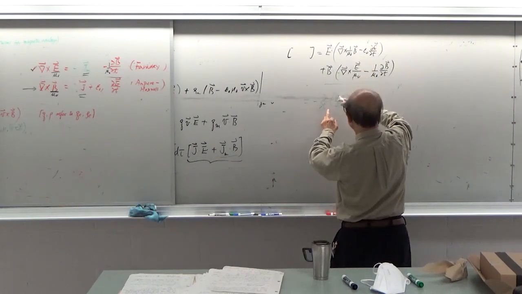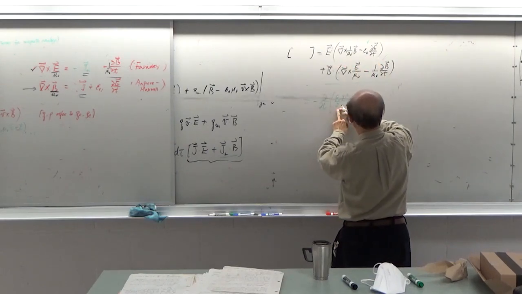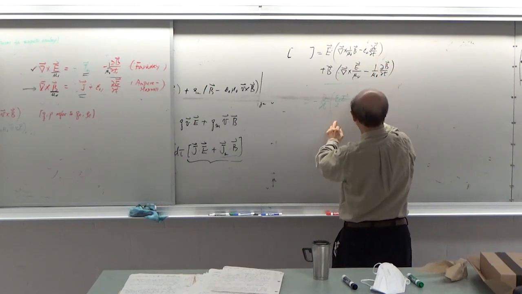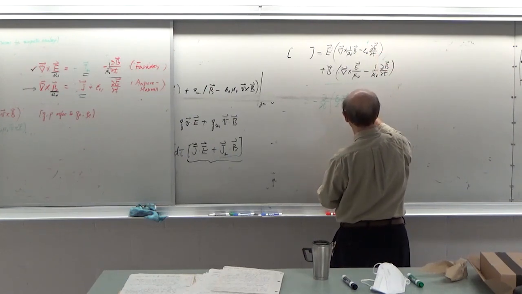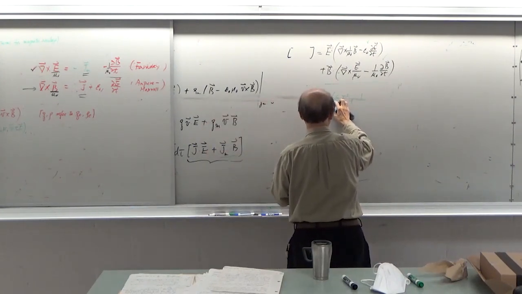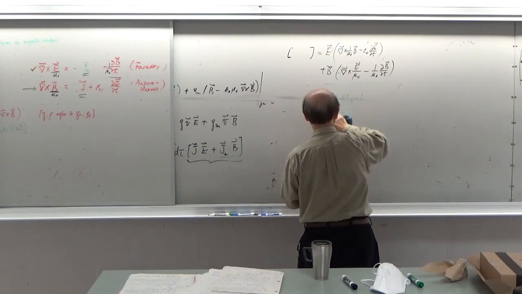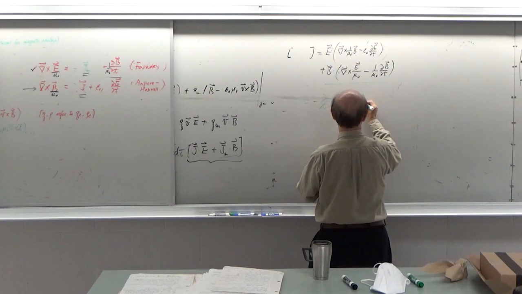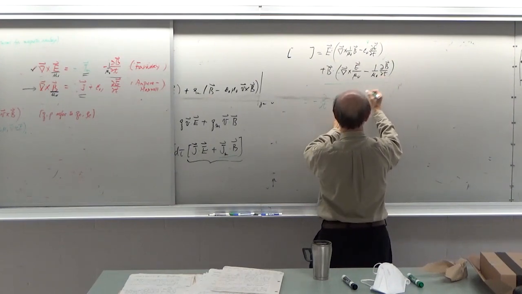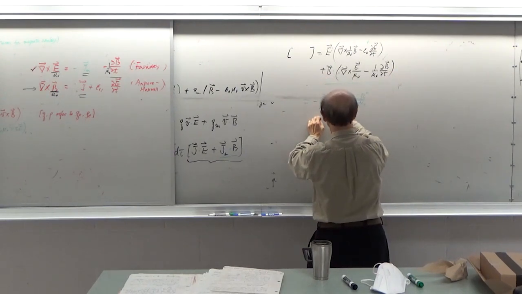Then I have del by del t, there are 2 of them, but then compensate for this one of 2. And this one is plus 1/2. So let me put a 1/2 outside, 1/2 B squared over mu naught. That's it.